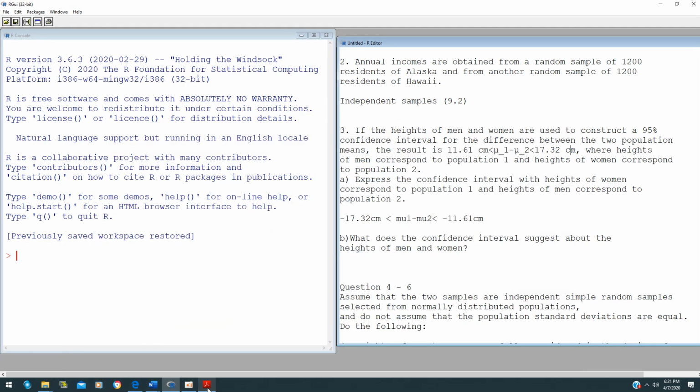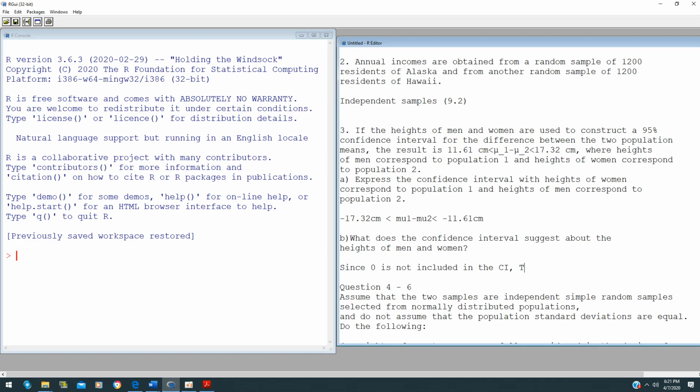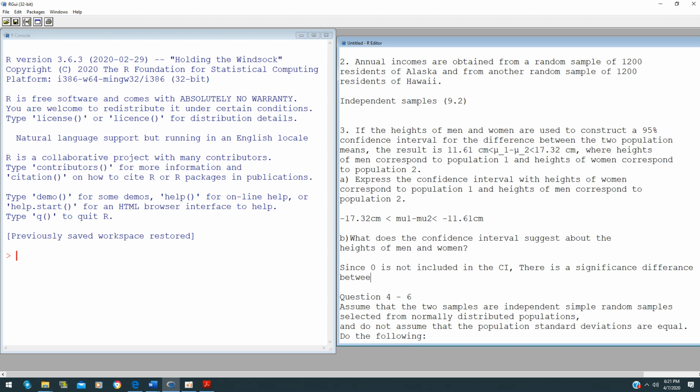Since we found out that 0 is not included in the CI, we can make the conclusion that there is a significant difference between the heights of men and women.